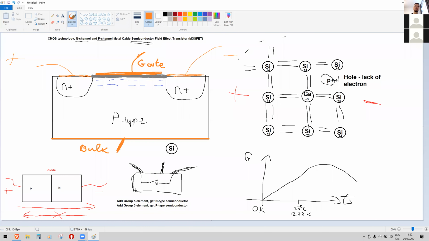So basically what happens, you know from primary school that plus positive voltage attracts negative voltage, the opposites attract.